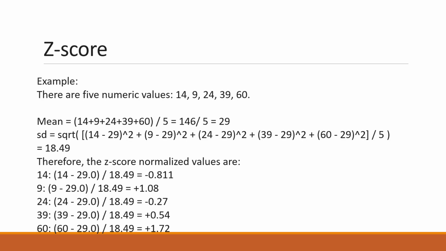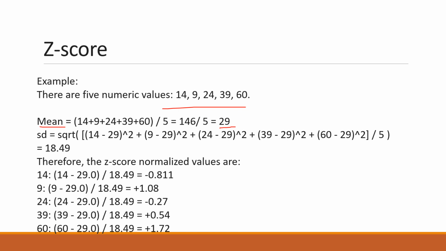This example shows how to calculate the z-score normalization value for a set of 5 numeric values: 14, 9, 24, 39, and 60. So first we calculate the mean of the data, which is 14 plus 9 plus 24 plus 39 plus 60 over 5, which is equal to 29.